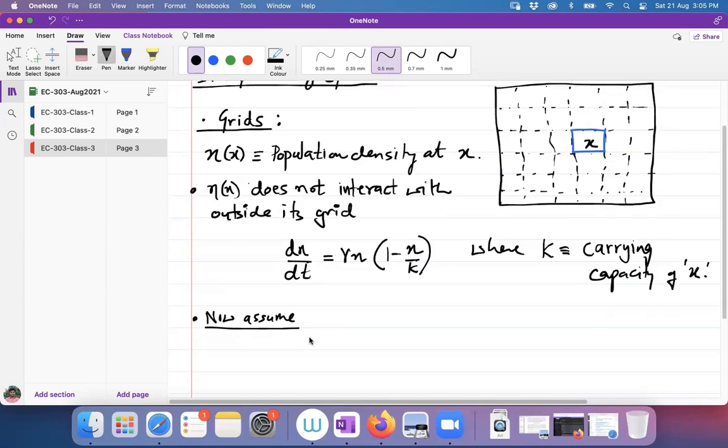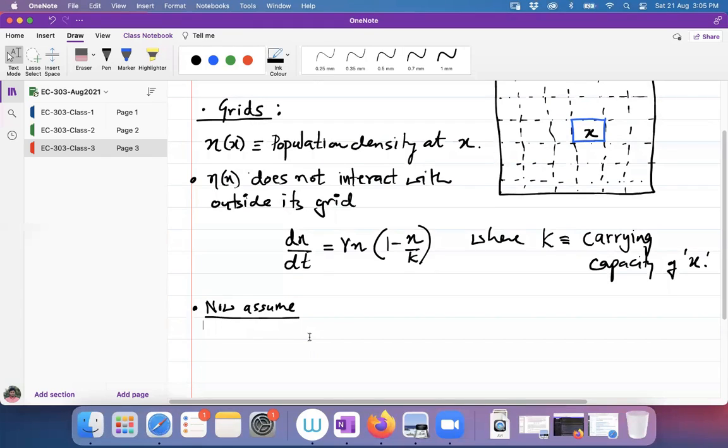Now, what's the process that can happen across grids? There can be migrations. Exactly, right? Anything else that can happen?